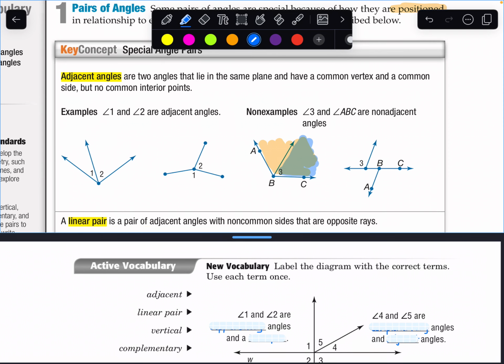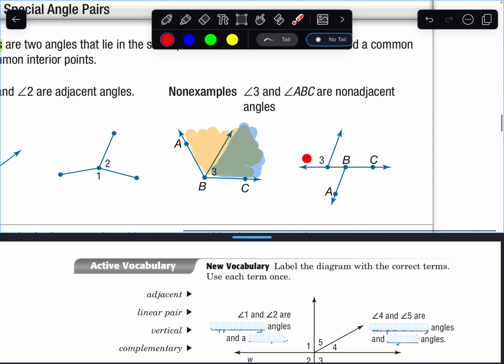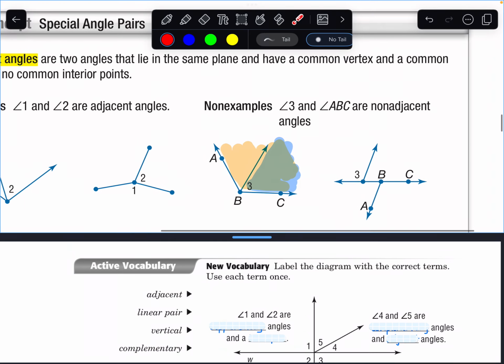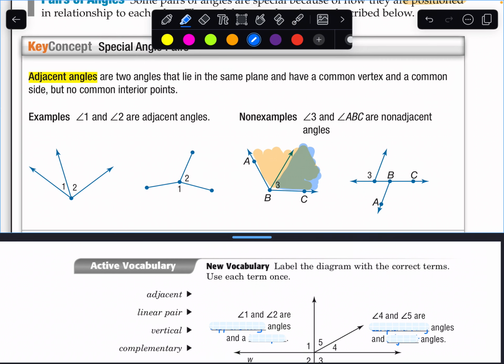So overlapping angles are not adjacent angles. Got it. And then what's the problem over here? Angle 3 and angle ABC, they share a side line here, but they don't share the vertex. Vertex B is not the same as the vertex on angle 3. Okay, common vertex, common side, no common interior points.